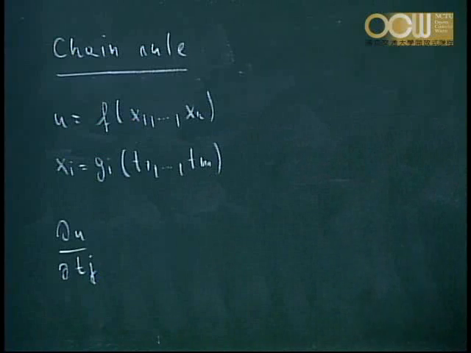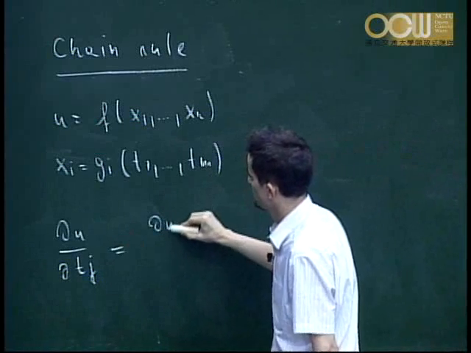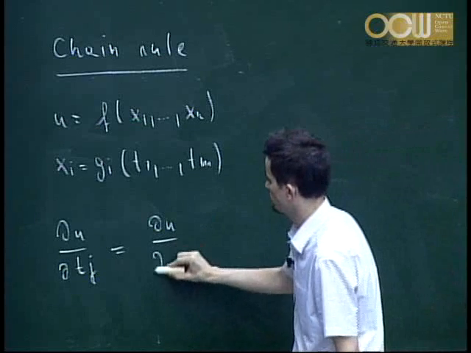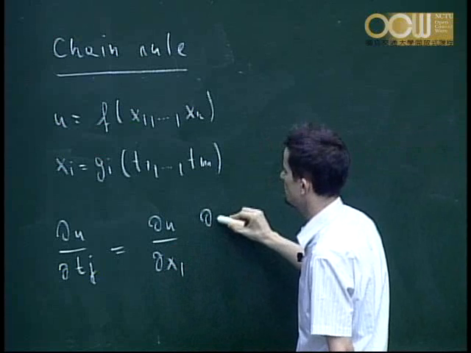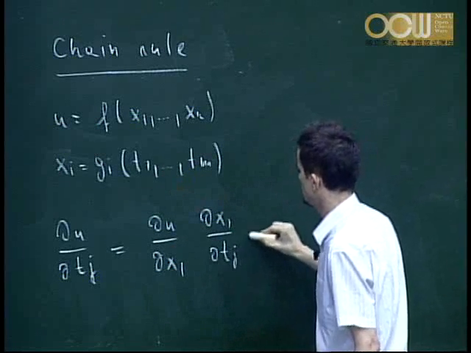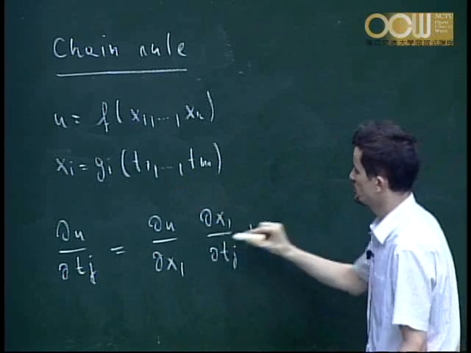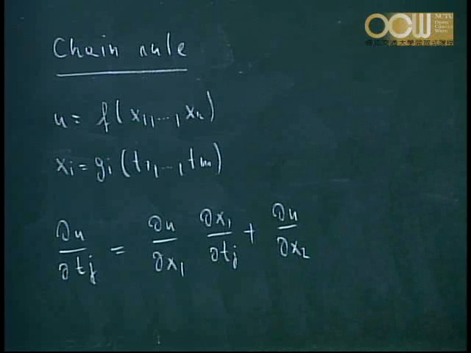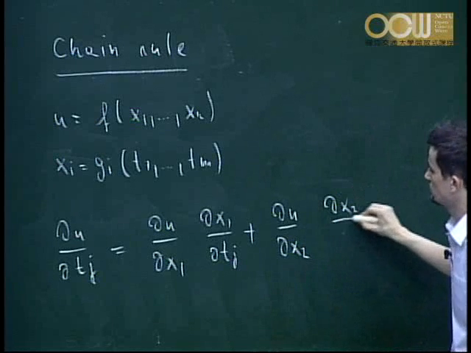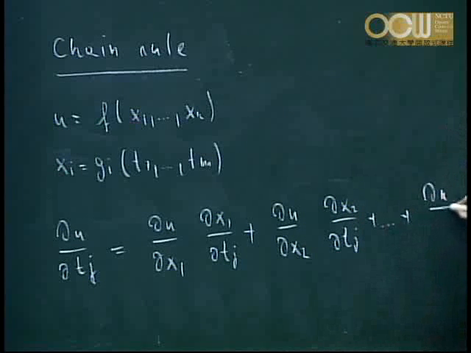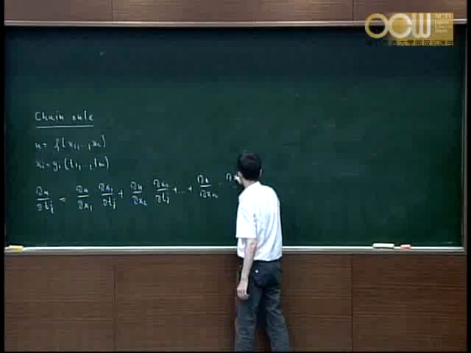Now, the rule is always the same. You have to compute the partial derivative with respect to every intermediate variable. So first with respect to x1, and then the partial derivative of x1 or g1 with respect to tj, plus the partial derivative of u with respect to x2 times the derivative of x2 with respect to tj, plus, and so on, plus the partial derivative of u with respect to xn times the partial derivative of xn.